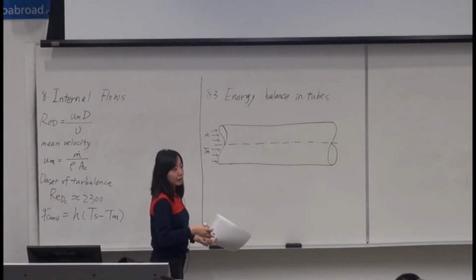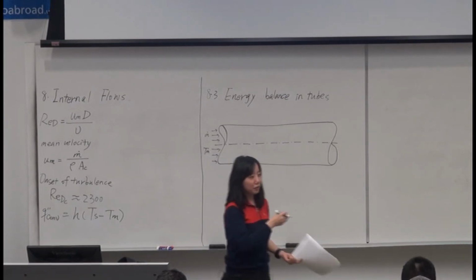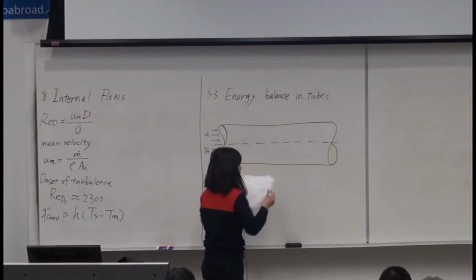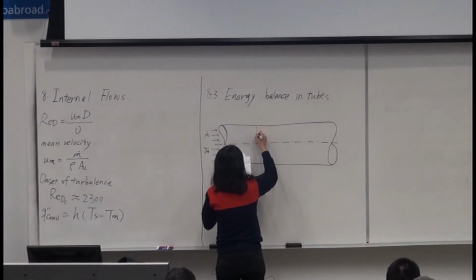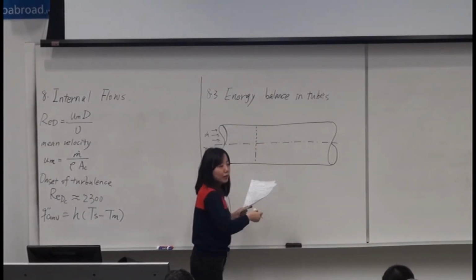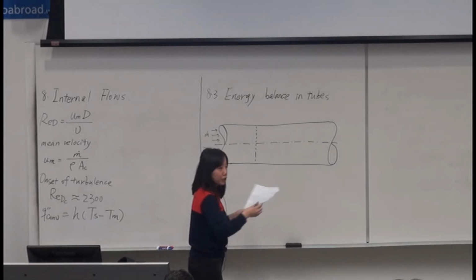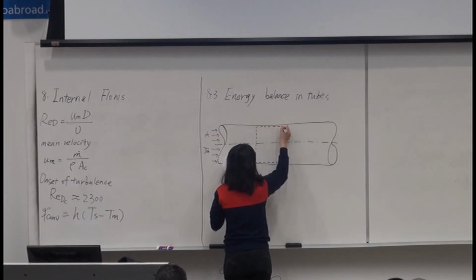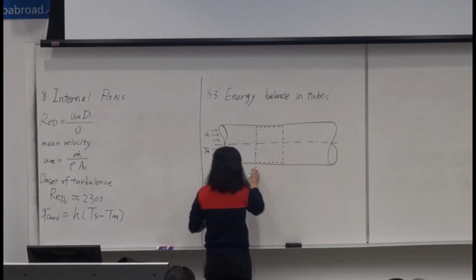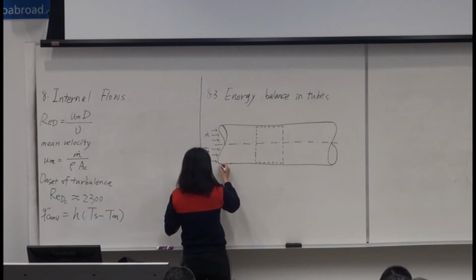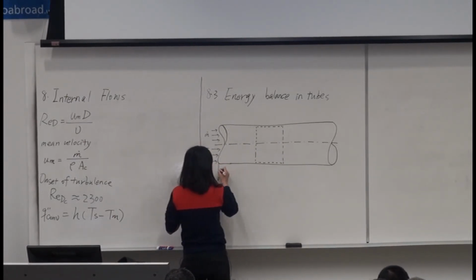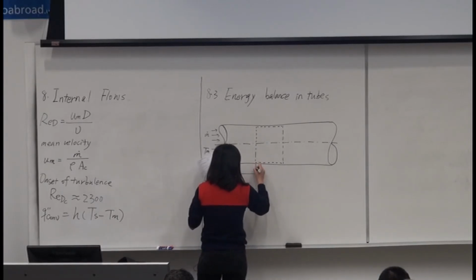But the step before that is to define our control volume. What kind of control volume should we define inside the tube? We need to define a differential control volume, like the way we derived our heat diffusion equation. We pick an element of fluid here, and we designate the inlet as our origin.